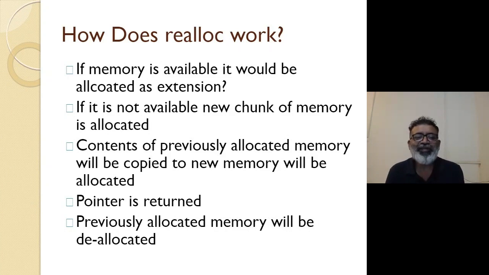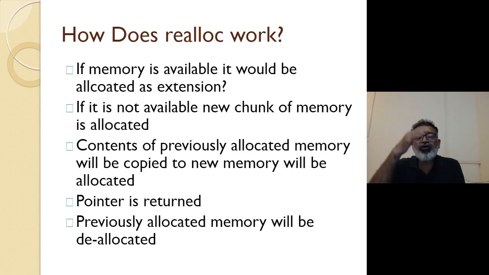Okay, so the first step is what? If memory is available, it would be allocated as an extension, right? If it is not available, by mistake I have put the question mark in the first point. If it is not available, a new chunk of memory is allocated. What I showed you, a new chunk of memory is allocated, right? Then what is the next step?